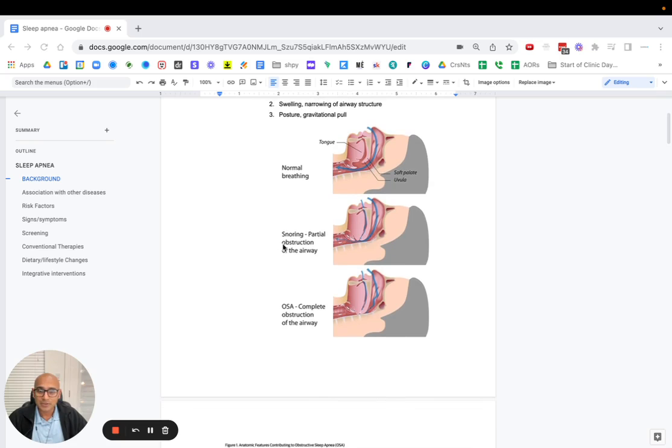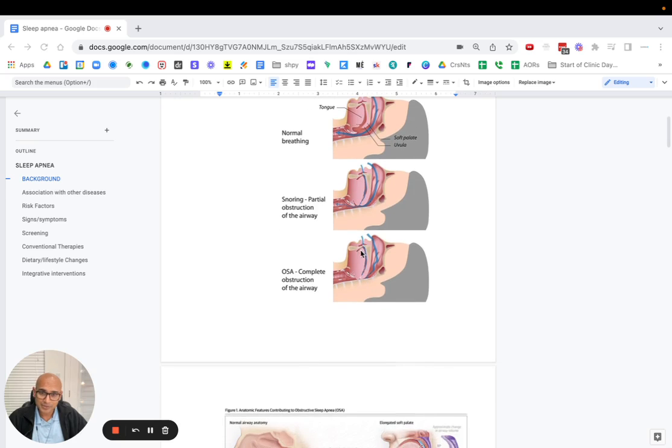And then with snoring, you get partial obstruction of the airway, where your tongue kind of falls back in the throat, and therefore you can see that airflow right here in the back of your throat is restricted. This would be considered your oropharynx here. And then obstructive sleep apnea is where you get complete obstruction of the airway, where you get those choking or apneic episodes, right?